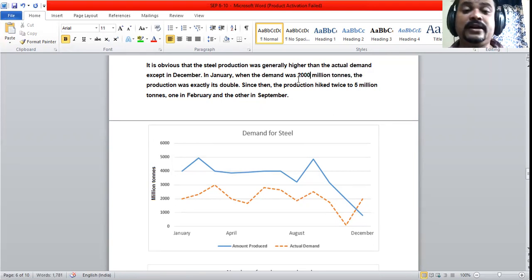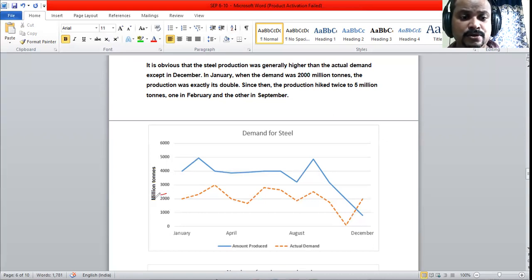When the demand was 2,000 million tons, the production was exactly its double, 4,000 million tons. So clearly there was a mistake here. It was 2,000 million tons, and right now it is 4,000 million tons.